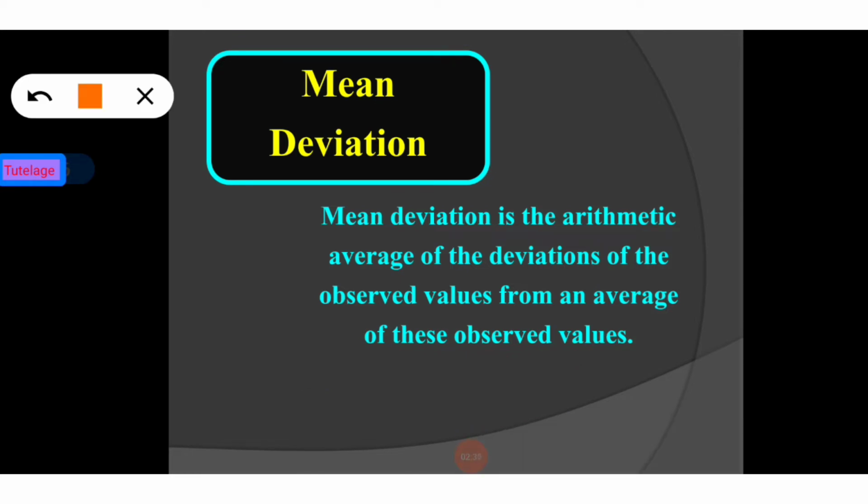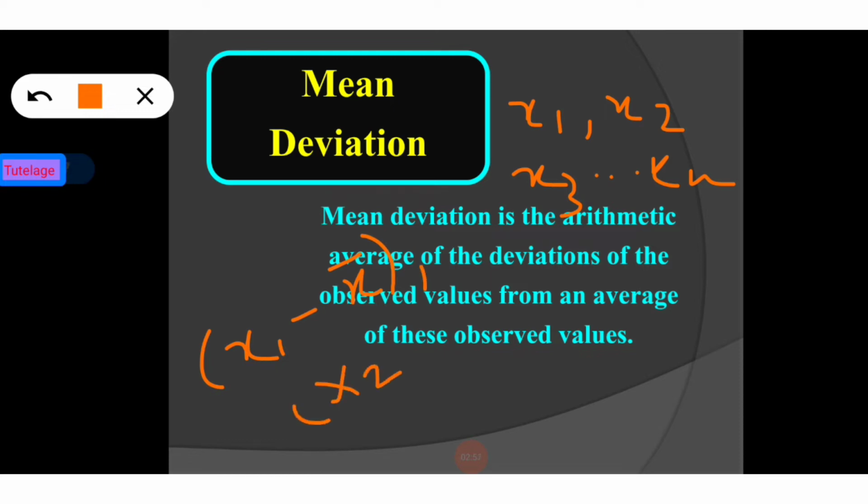We have already told there are n number of values, and the series is x1, x2, x3, dot dot dot xn. So the first deviation is x1 minus x bar, x2 minus x bar, dot dot dot xn minus x bar. Clear? So this is the deviation of the observed values from an average of these observed values.